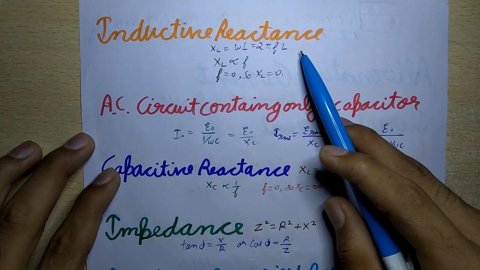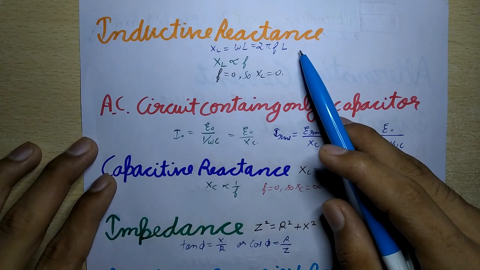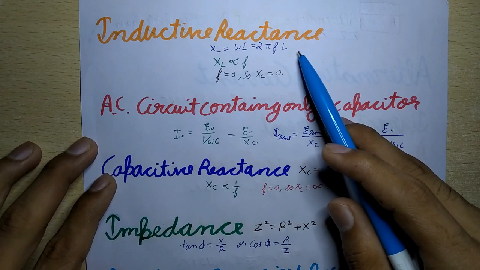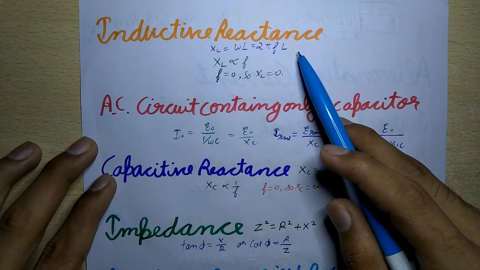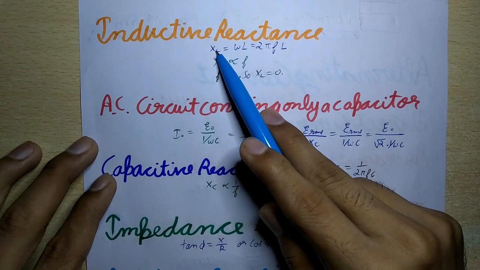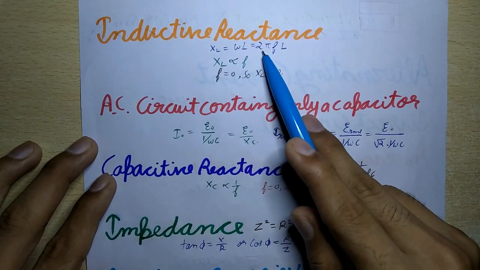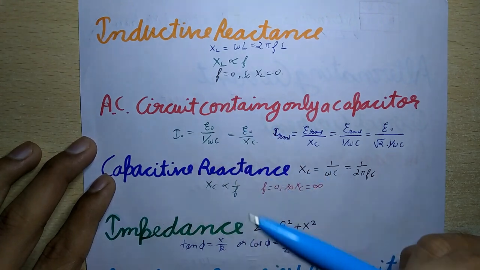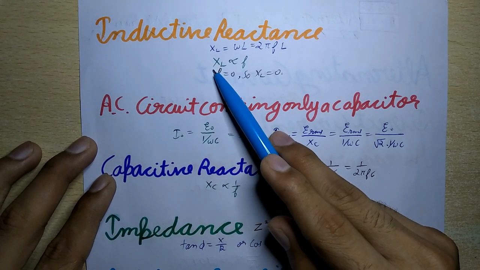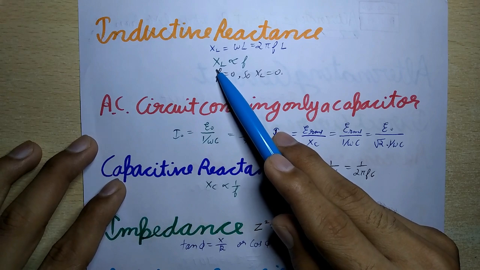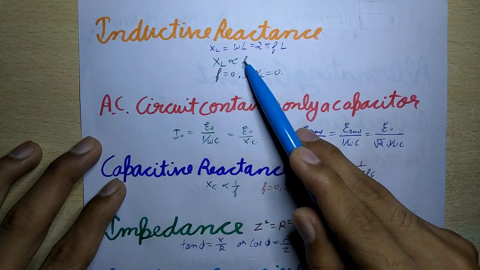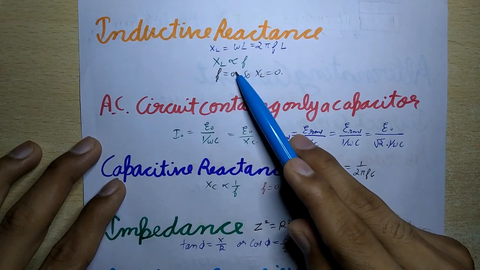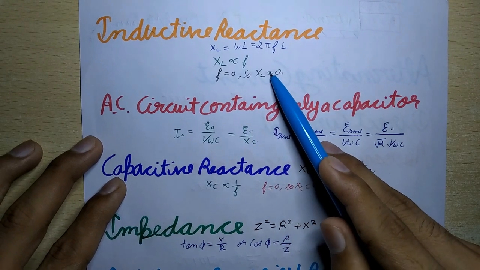It is the effective reactance or opposition offered by an inductor to the flow of AC through it. It is given as XL = ωL = 2πfL, and the SI unit of inductive reactance is ohm. For AC, XL is directly proportional to f, and for DC, f is equal to 0, so XL will be equal to 0.